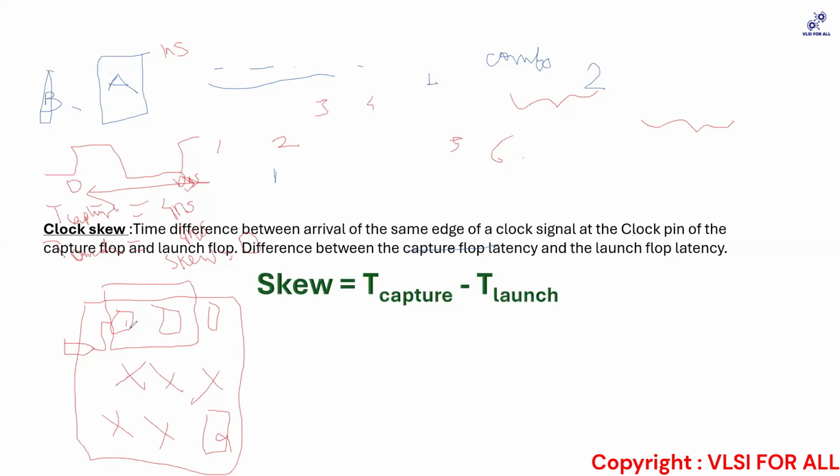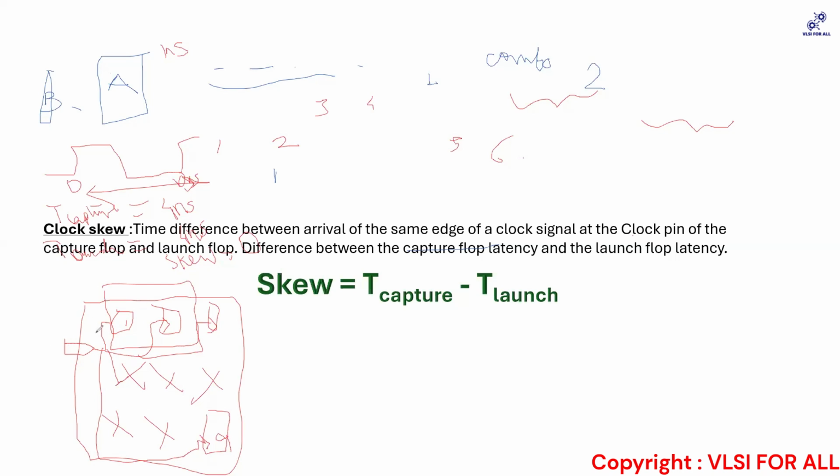Within how much time my clock took to reach over here, there will be clock going over here too. Clock will be going to all the clock pins in my flops. Let's say it has finally reached here. Now we were calculating a localized skew. So we term it a local skew, which is the difference between the delay taken by the clock to reach the capture flop minus the delay taken by the clock to reach the launch flop.